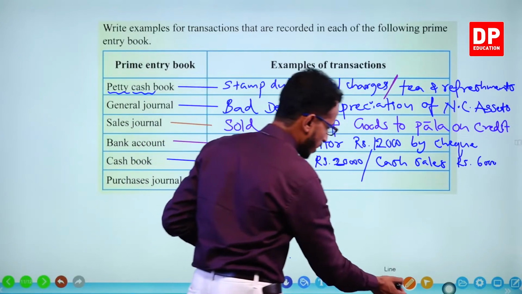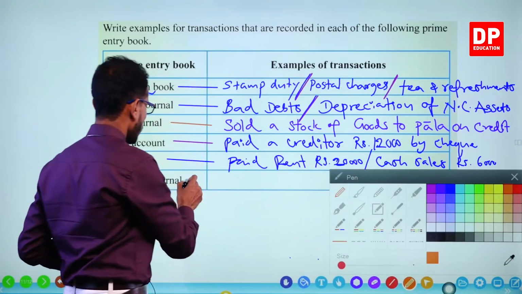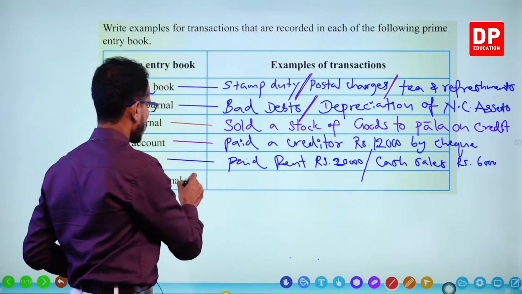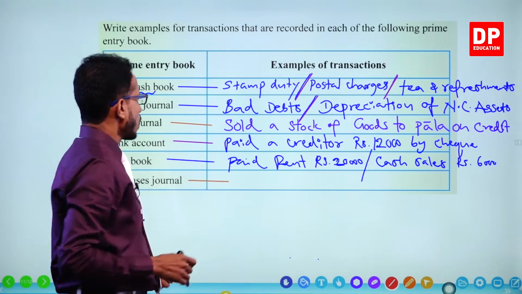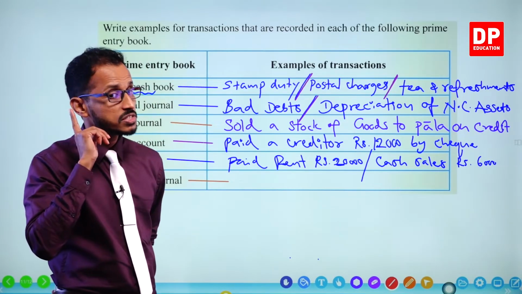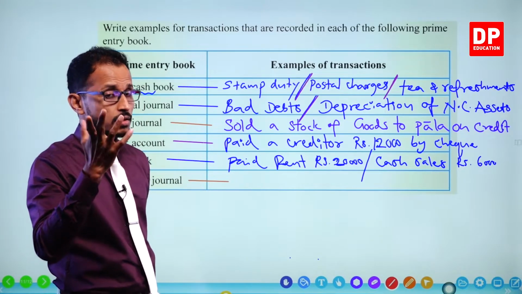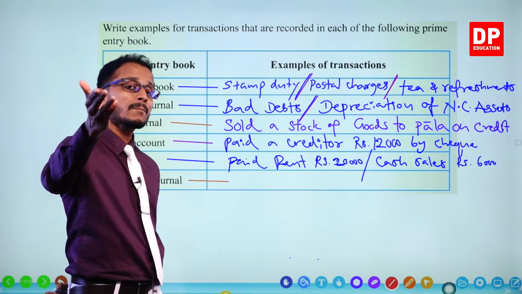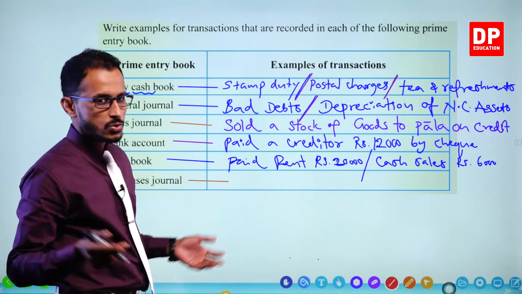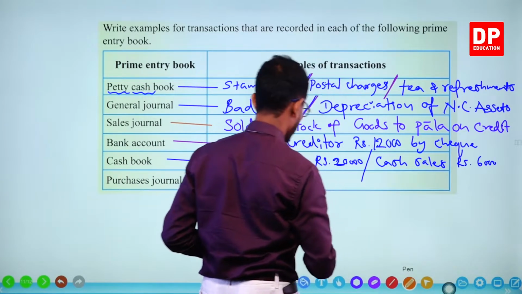Purchases journal, that is the last one. Tell me, what transactions are recorded in the purchases journal? Yes, good. Purchasing goods on credit. That is simple, and that we know.